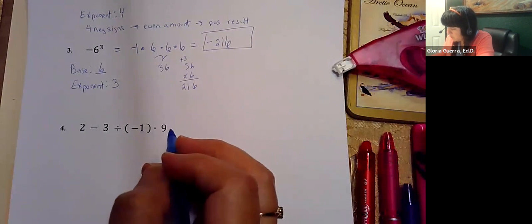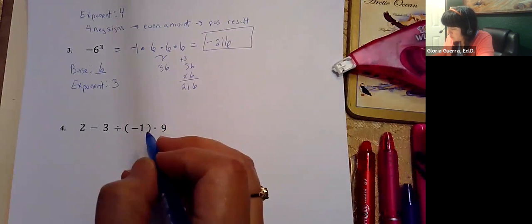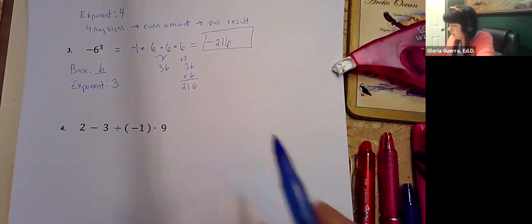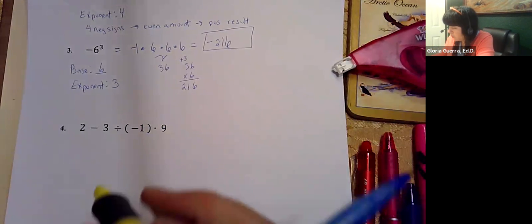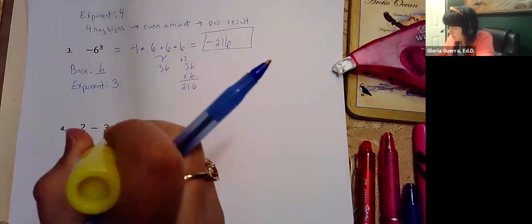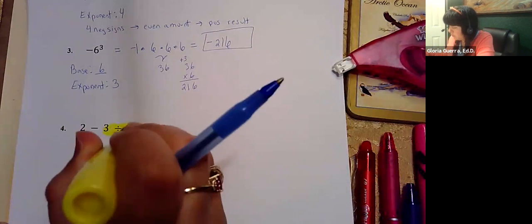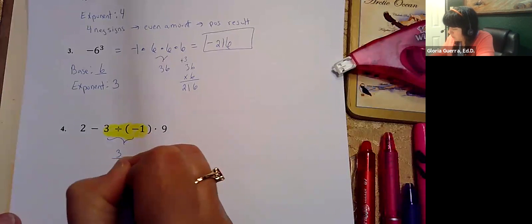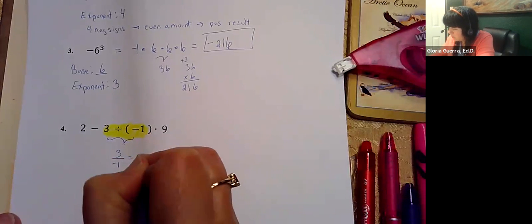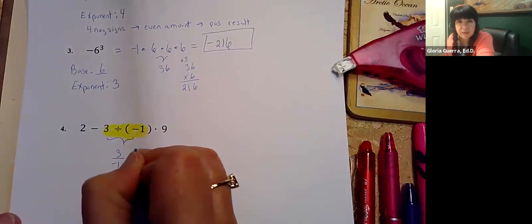What you should have done first was multiply and divide from left to right. So I hope you did 3 divided by -1, and that gives you -3.